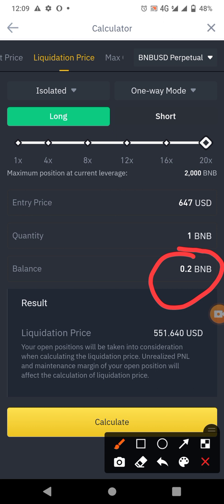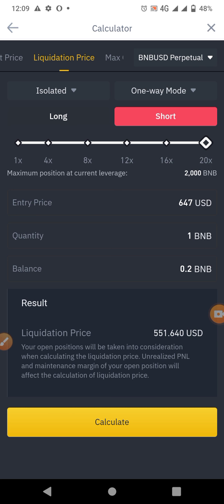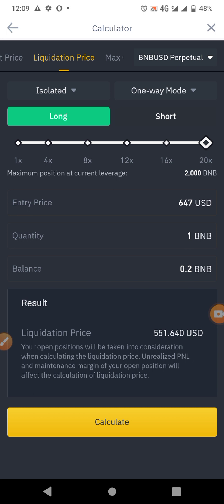If BNB now rebounds and starts going up again, my minus will be reducing from minus 90% to minus 80%, minus 70%, till we reach plus again. But I'm not losing money until I reach this price that I'm circling here. So if I don't reach the price, my trade is still active. Until I reach the price, that's when I'll lose all my money. So BNB must not fall, if I'm buying long, for me to see my profit.